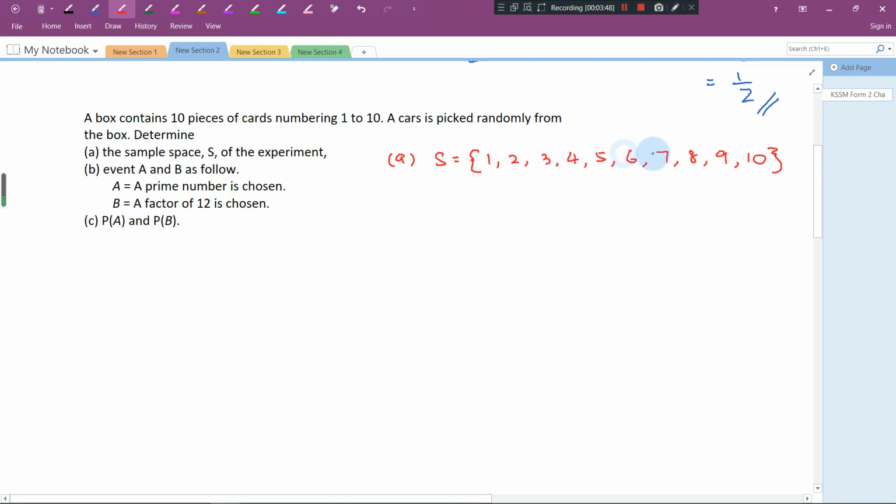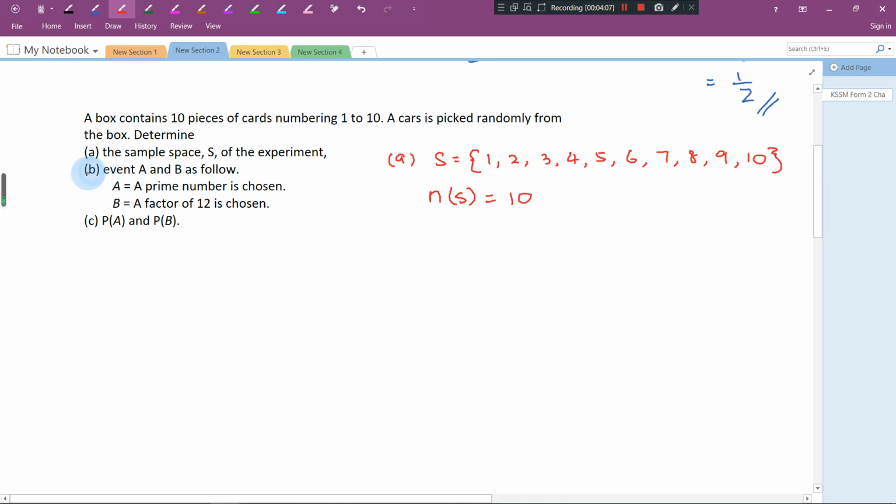These are all the possible outcomes. It is impossible for us to get 11, 12, and so on. So this is the sample space, and n(S) is 10. We have 10 possibilities here.